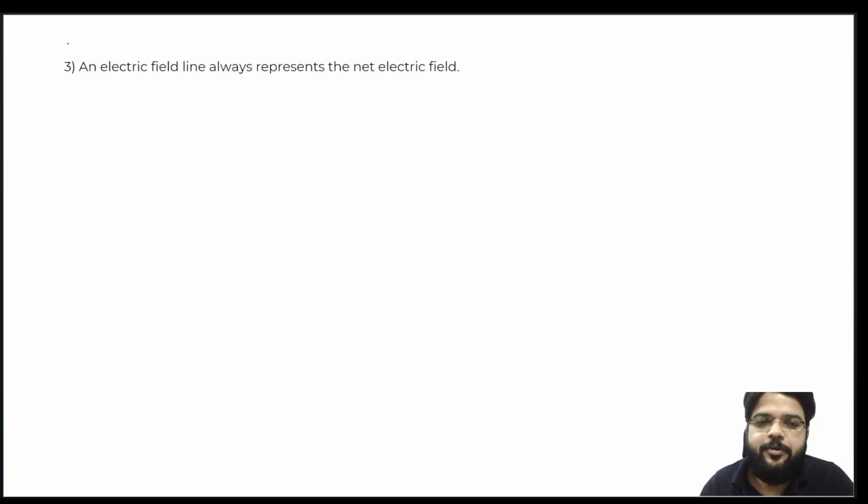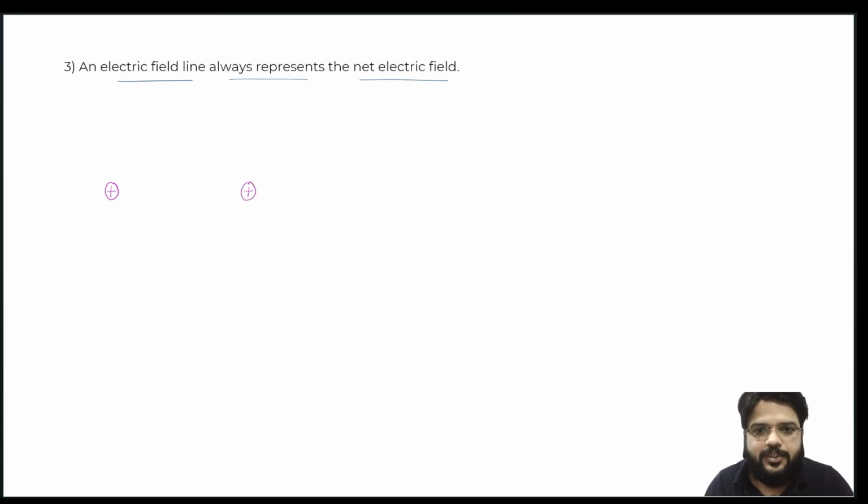Let's see the third property, everyone. Electric field lines always represent the net electric field. So see it, what is the sense of this property? Let's suppose we have two positive charges and we want to draw an electric field diagram for these two positive charges. So how can we draw it?